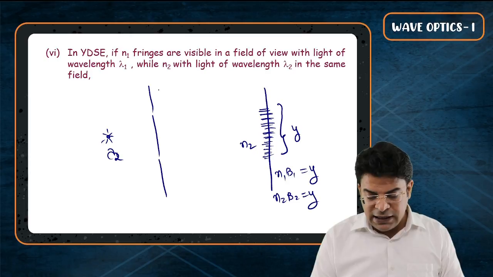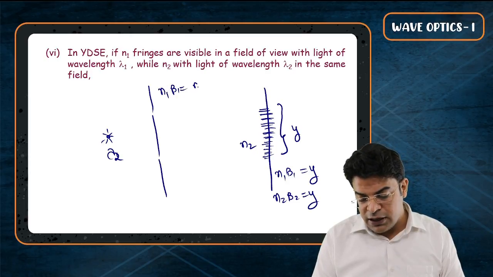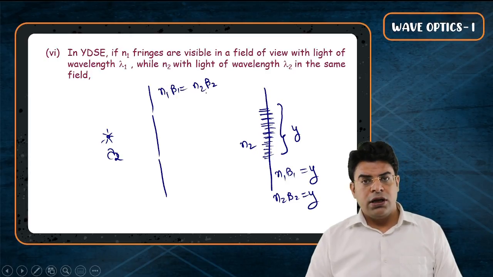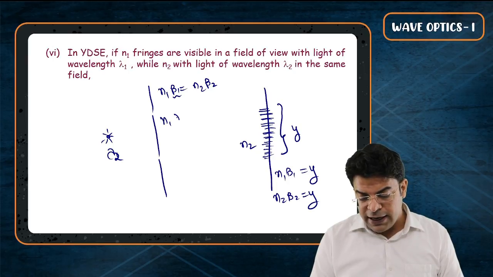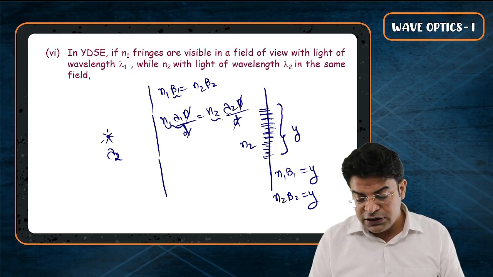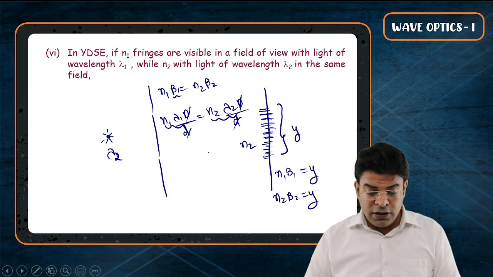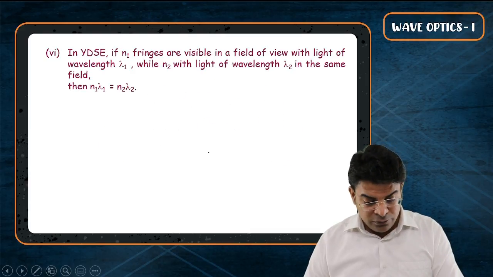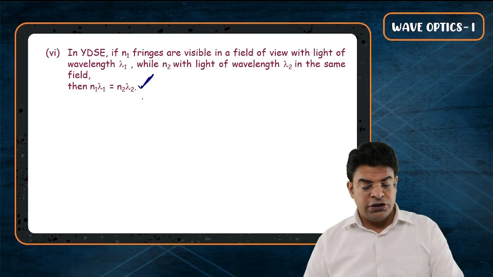So n1 beta 1 equals n2 beta 2. In place of beta 1, you can write lambda 1 D by d, and in place of beta 2, lambda 2 D by d. Cancel out the capital D and small d. The condition comes out to be n1 lambda 1 equals n2 lambda 2. So remember this particular condition.